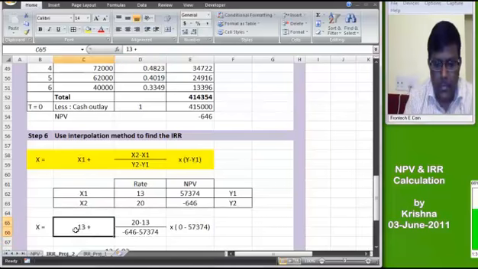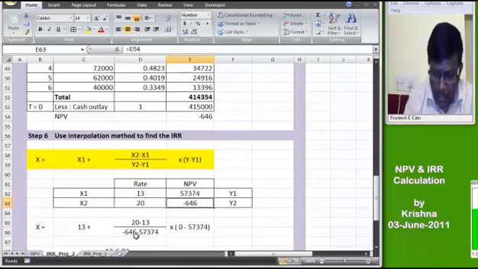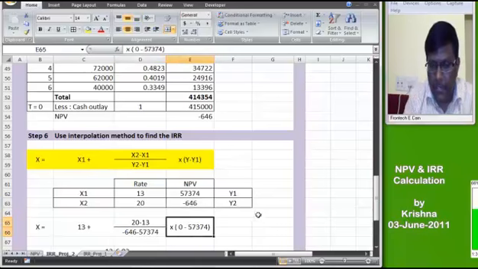X1 is 13%, and X2 minus X1 is 20 minus 13, divided by Y2 minus Y1, that is minus 646 minus 57,374. Here you should be very careful. There is a negative net present value, so we have to write it with the negative sign here, and we multiply with 0 minus Y1, that is 57,374.